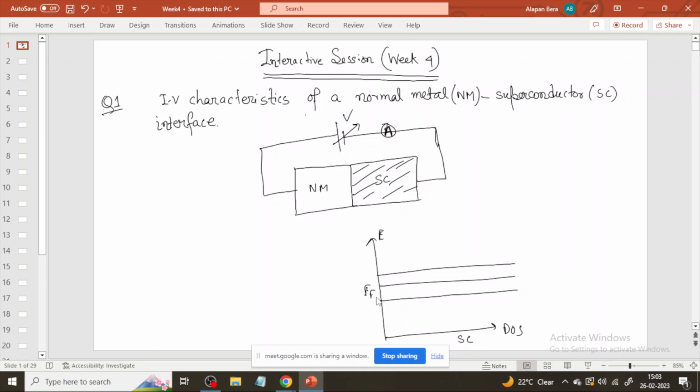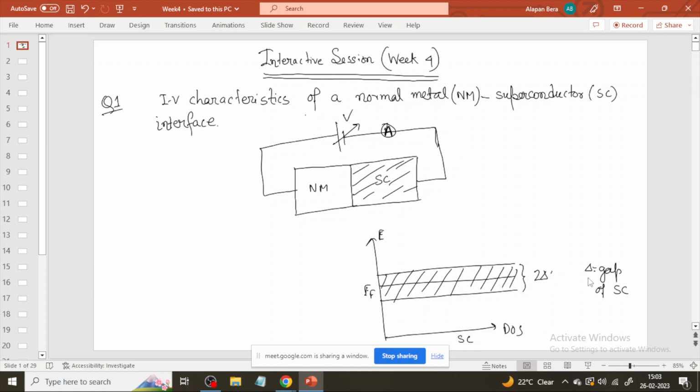Let's say this is the Fermi energy E_F. In this region around the Fermi energy there is no density of states. This region is vacant, and its width is called 2 delta, where delta is the gap of the superconductor.